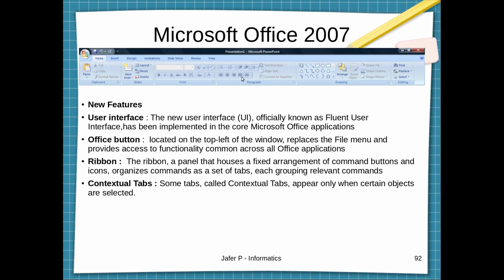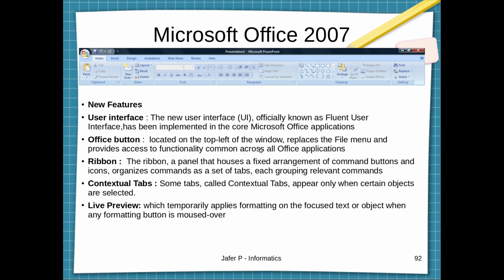So that is called a contextual tab. And live preview temporarily applies formatting on the focus text or object when any formatting button is moused over. You can see the live preview of the window.